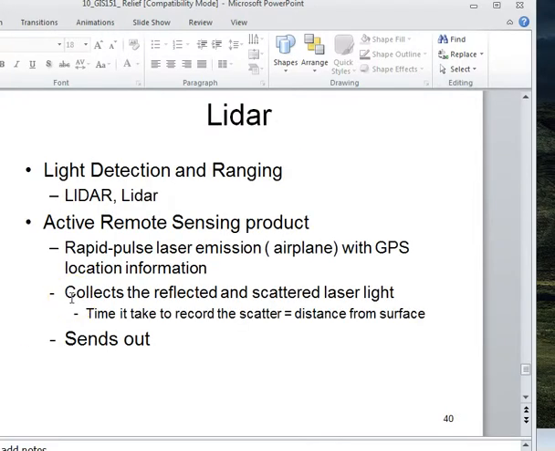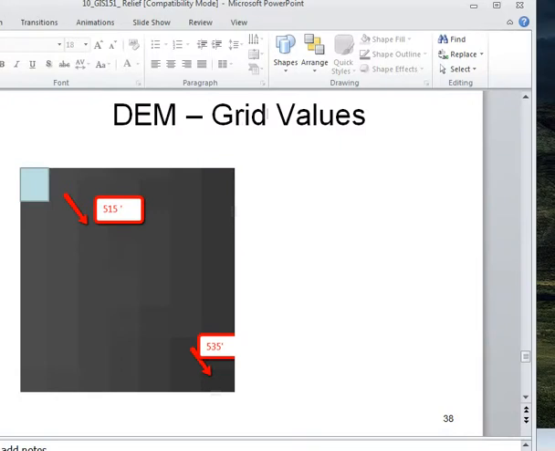Currently, the newest DEM model is called LIDAR. And some of these DEMs, like there's a DEM of climate in the US, and each square is 1,000 kilometers by 1,000 kilometers. So you can imagine if you had to pick one temperature average for 1,000 by 1,000 kilometers, right? So that's really generalizing.